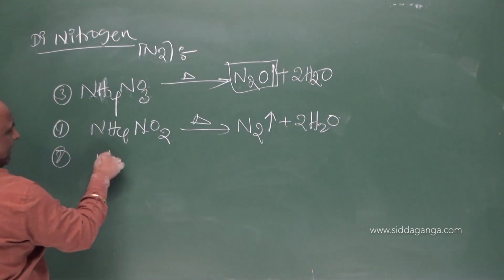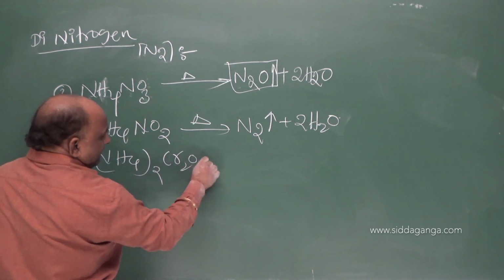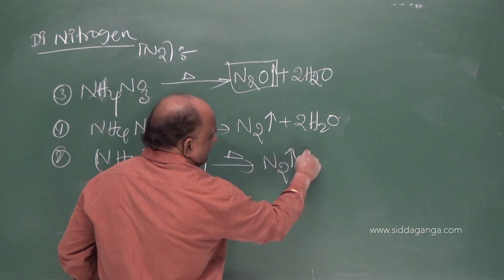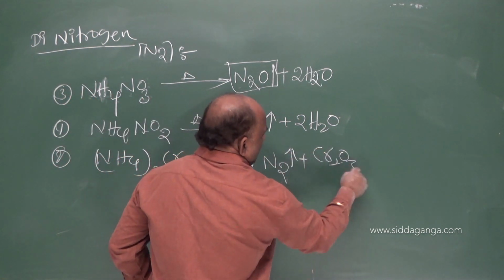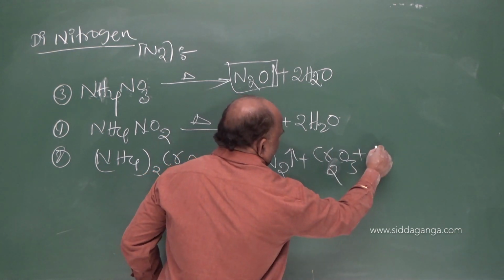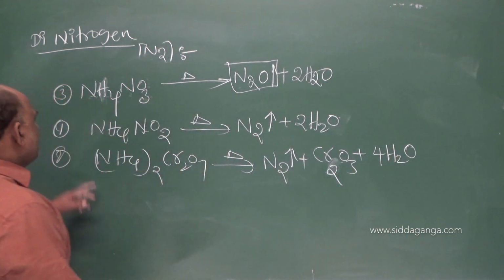The second equation: (NH4)2Cr2O7 on thermal decomposition gives N2 gas plus Cr2O3 plus 4H2O.